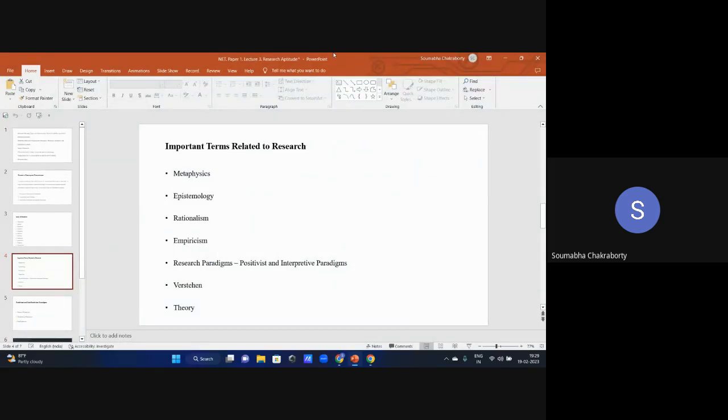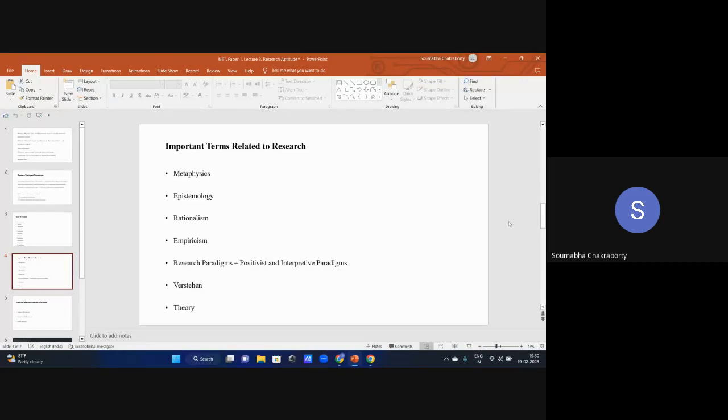The next term is a German term. The term is Verstehen. Now, this term is closely associated with the German sociologist Max Weber. Many of you have heard about Weber.